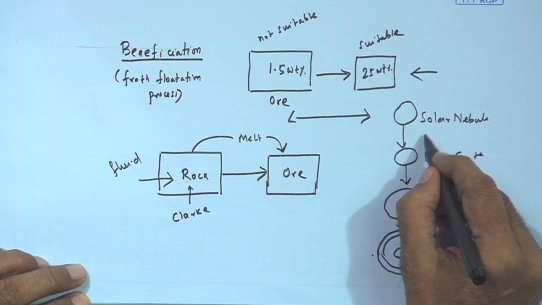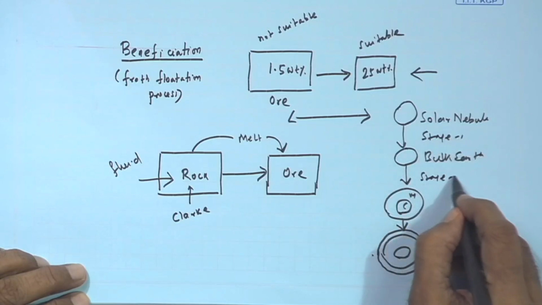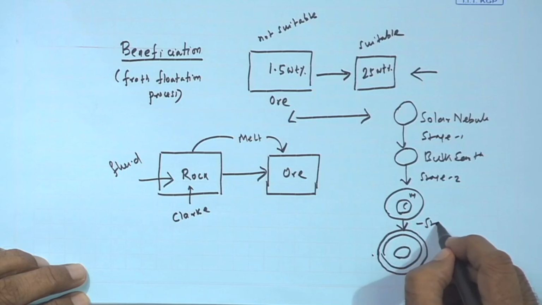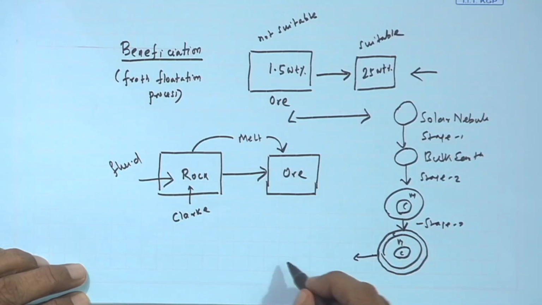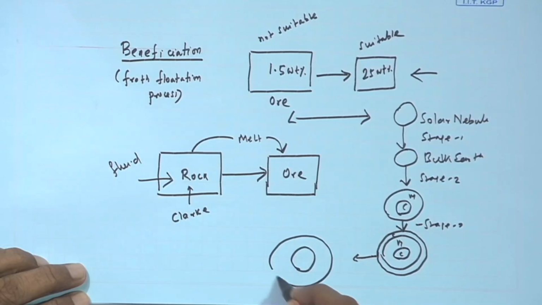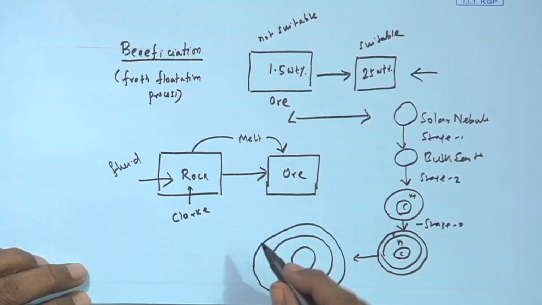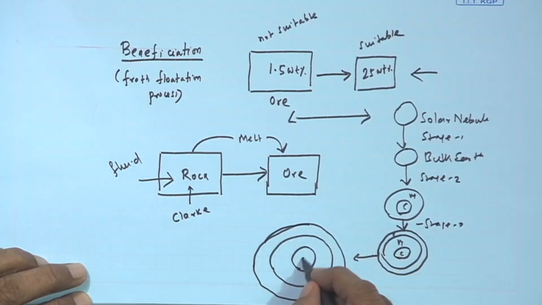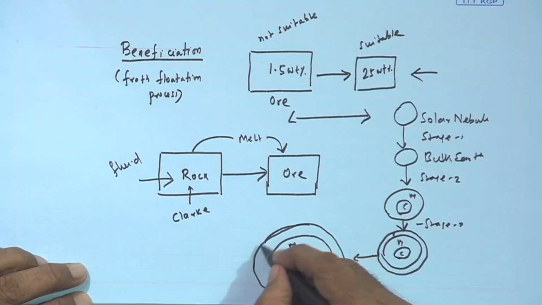So, this is stage 1, this is stage 2, this is stage 3, and then from this, now this is the core, this is the mantle, and this part is the crust, and this again goes to core, mantle, core, mantle, and this could be the lower crust and upper crust.